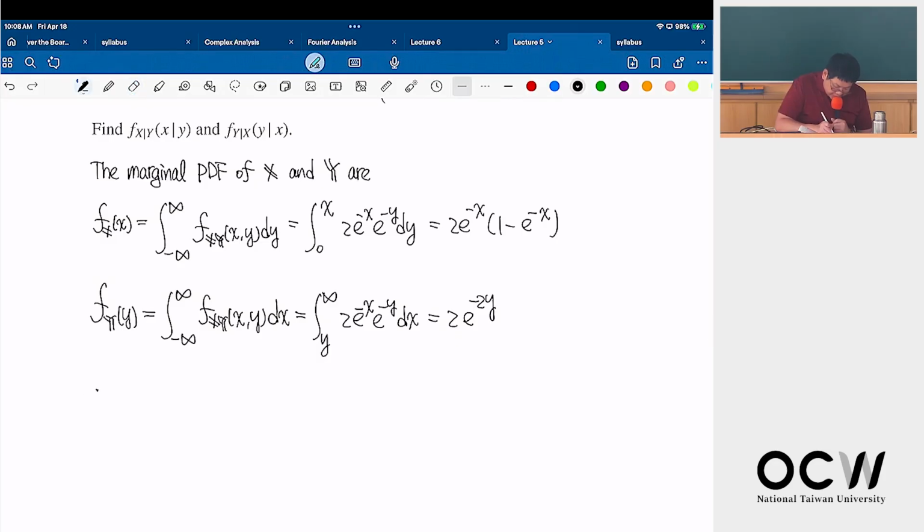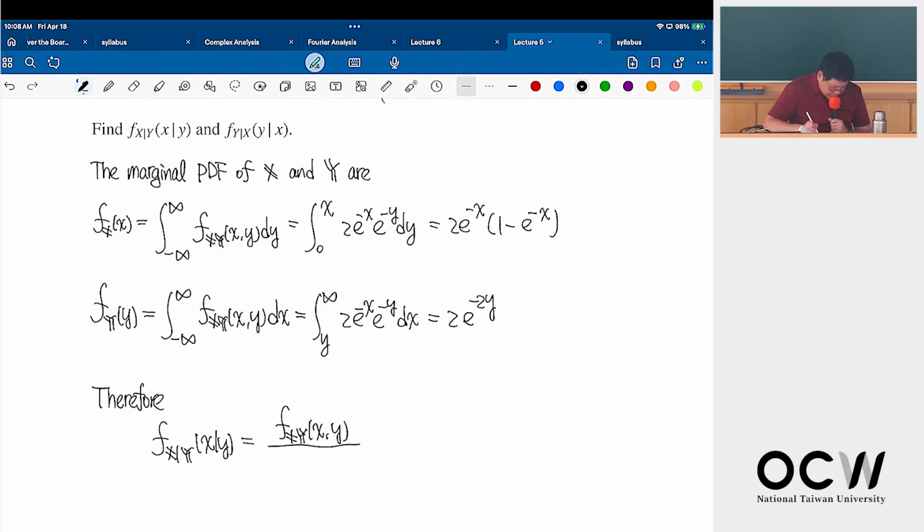Therefore, f of x given y is the joint PDF divided by the marginal PDF of y.